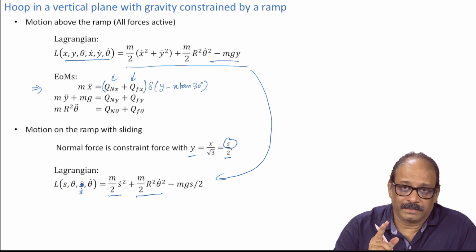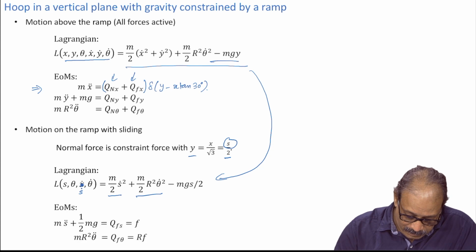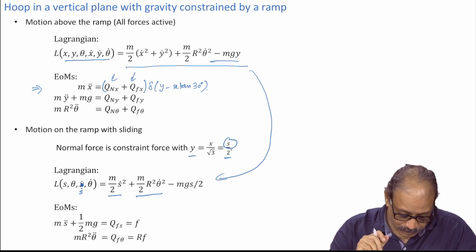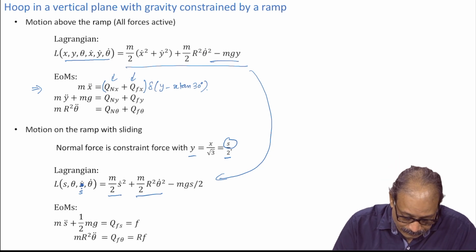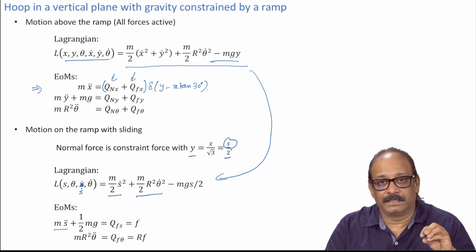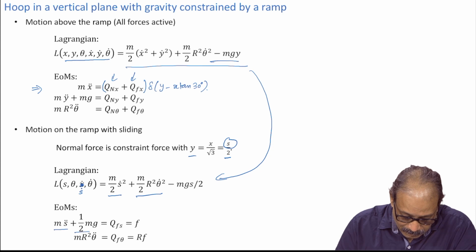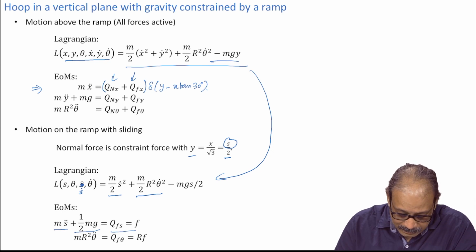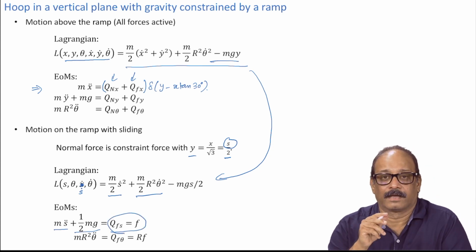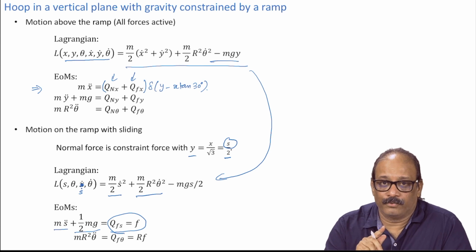Two Lagrange's equations, let us write those down. The equations of motion, of course, will come from d by dt of del L by del s dot, and on the right hand side what goes is only Qf.